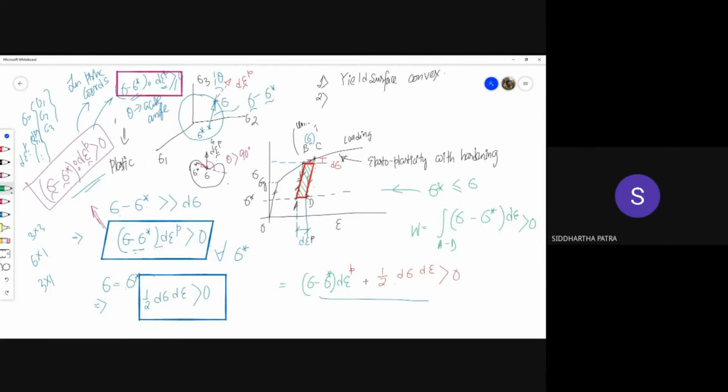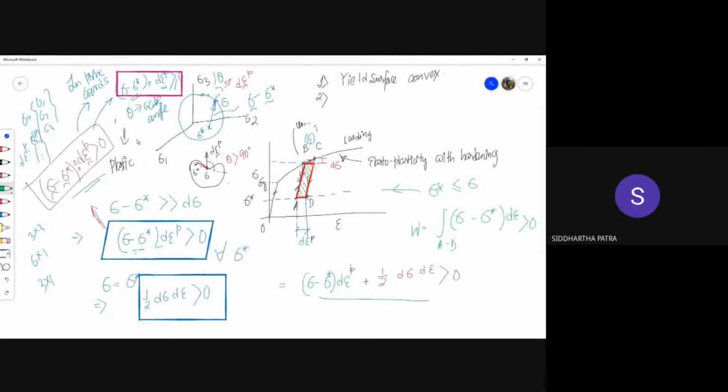For the multiaxial case, sigma star can be anywhere inside the yield surface or by extension anywhere on the yield surface as well. Since it can be anywhere inside the yield surface, you can imagine it is just at the boundary and very close to sigma.